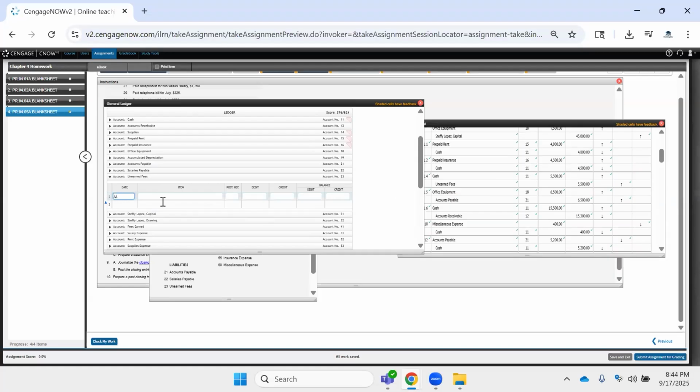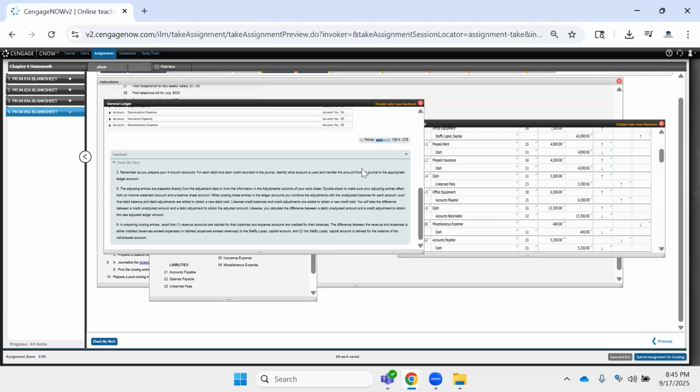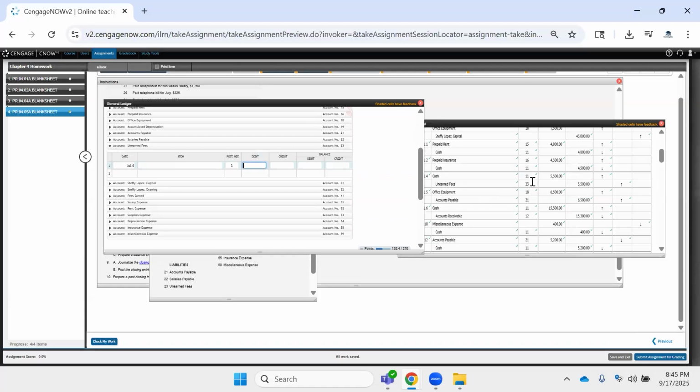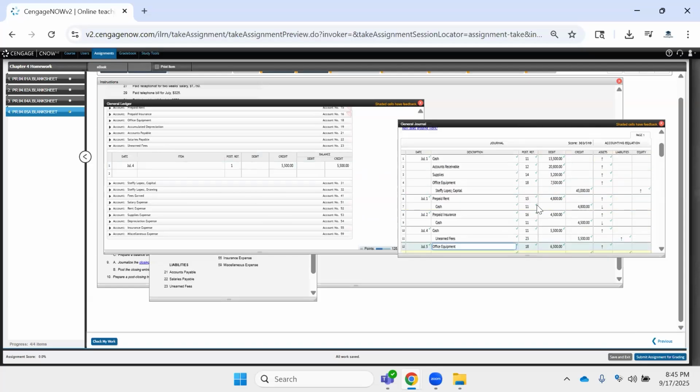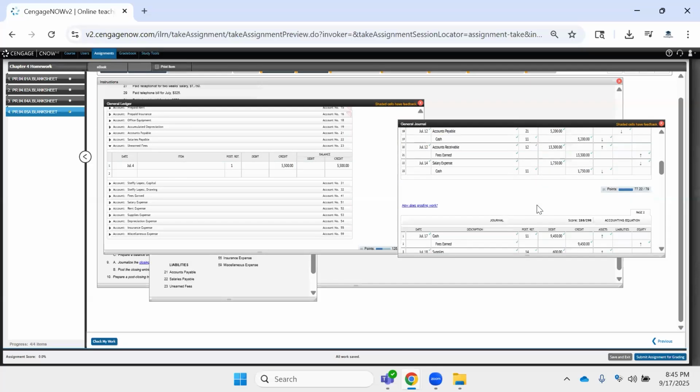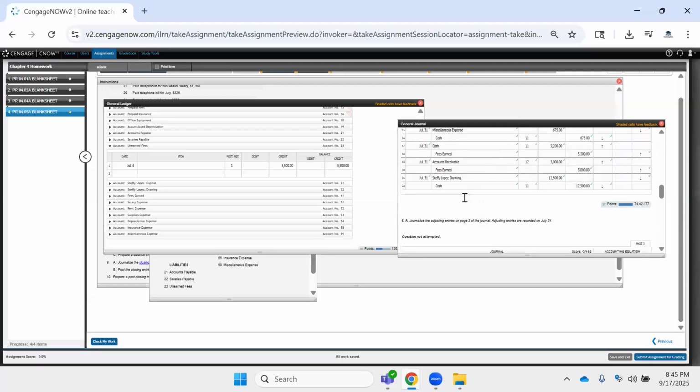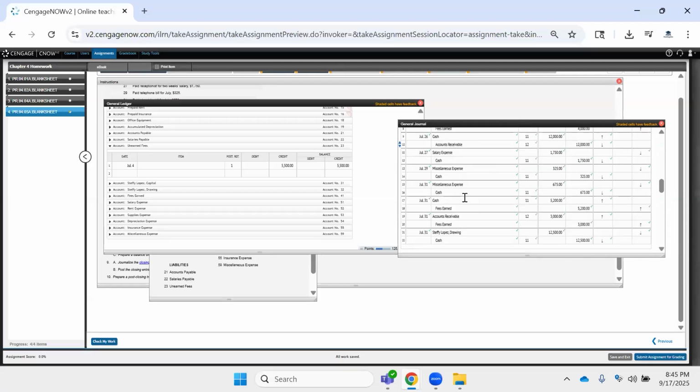Our unearned fees, we had July 4th. And it looks like we didn't have any other unearned fees entries quite yet.